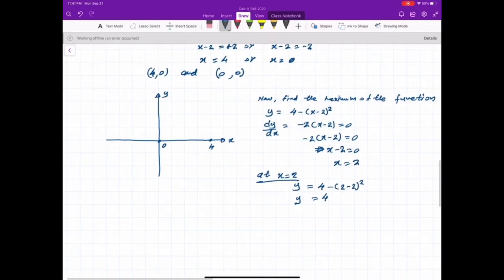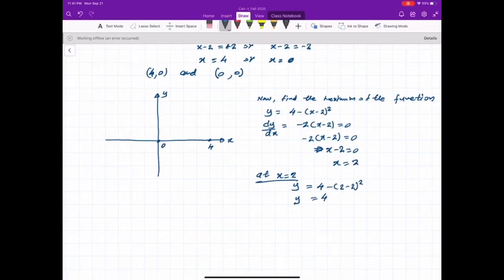So that will give you the last point. The third point is (2, 4). So here 2, and here 4. Okay. Now you have three points, so now you can just draw the parabola.